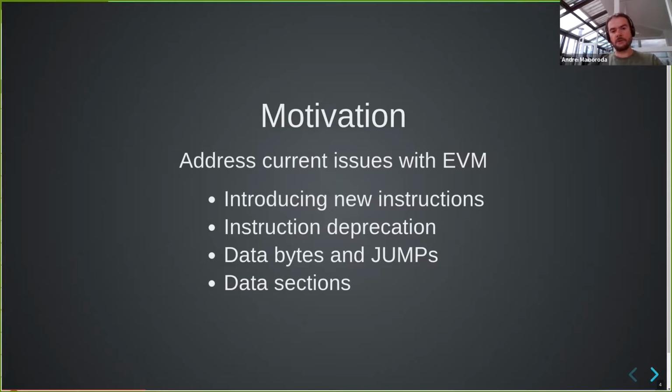For example, introducing new instructions in the EVM involves some kind of risk every time, because any of the old already deployed contracts on chain might contain the value of the new opcode, and rely on the fact that this opcode is undefined and will abort execution if execution reaches this byte.